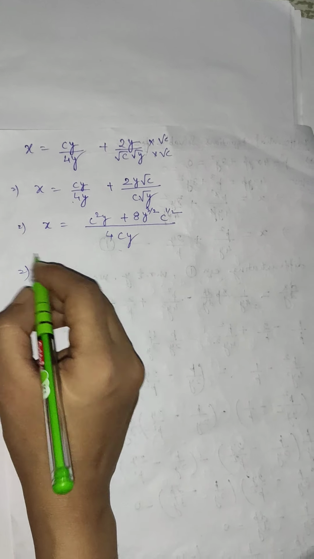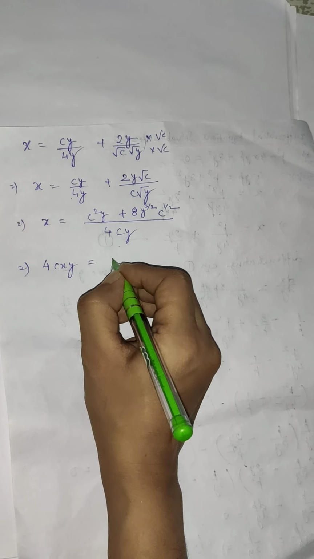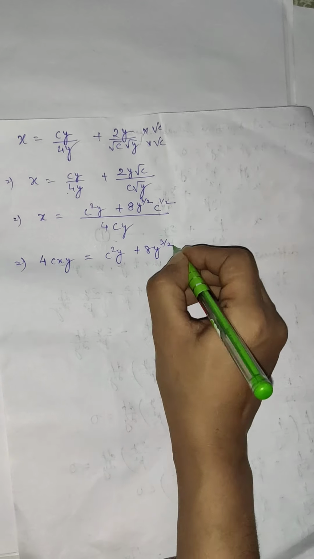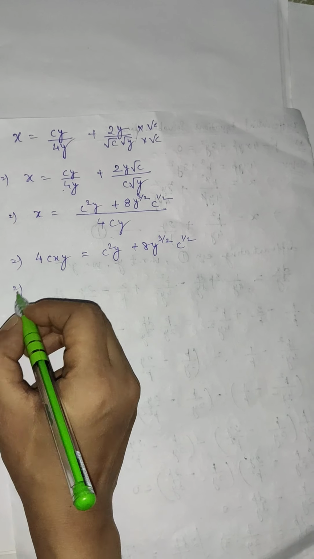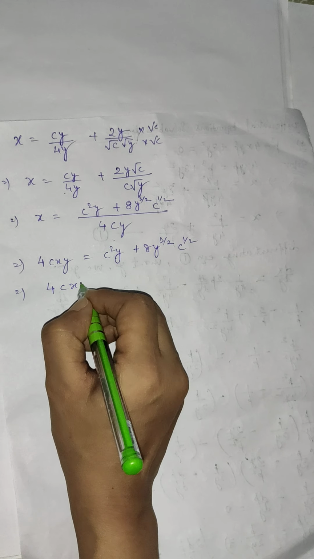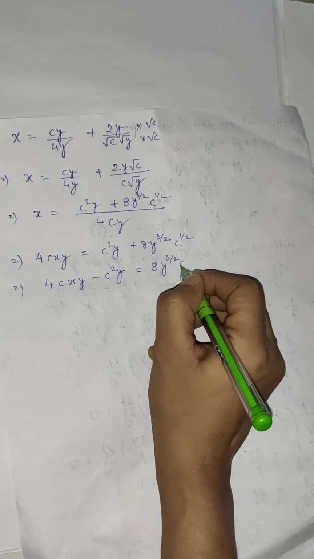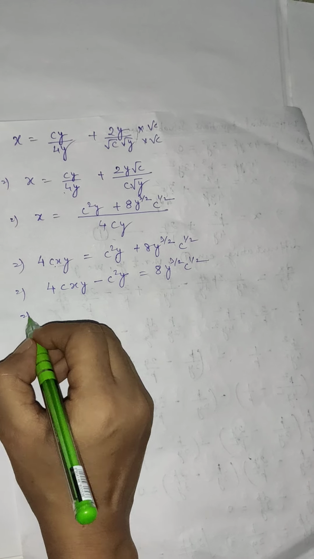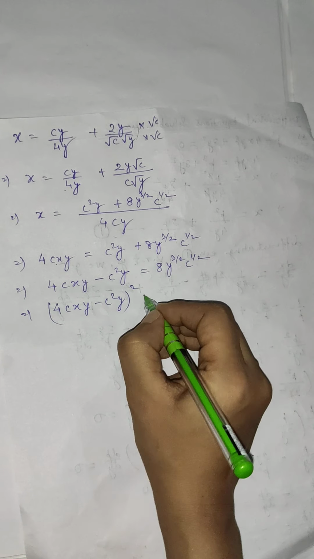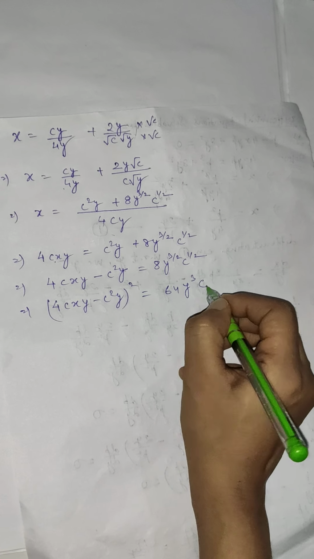So this becomes 4cxy is equal to c square y plus 8y power 3 by 2 c to the power half. Let us bring this to this side to get 4cxy minus c square y equal to 8y 3 by 2 c half. On squaring both sides, we have whole square equal to, and this will become 64 y cube c.